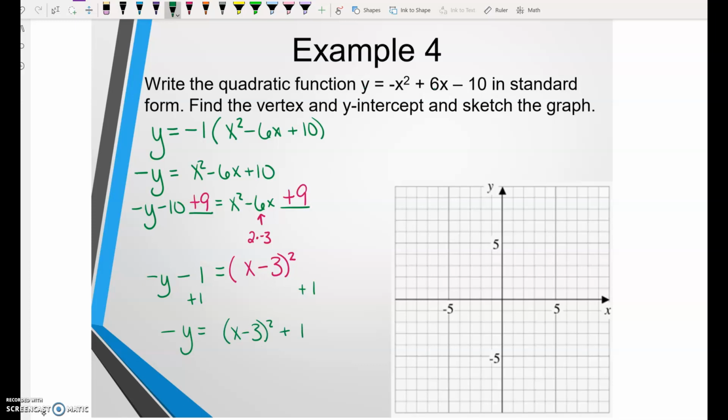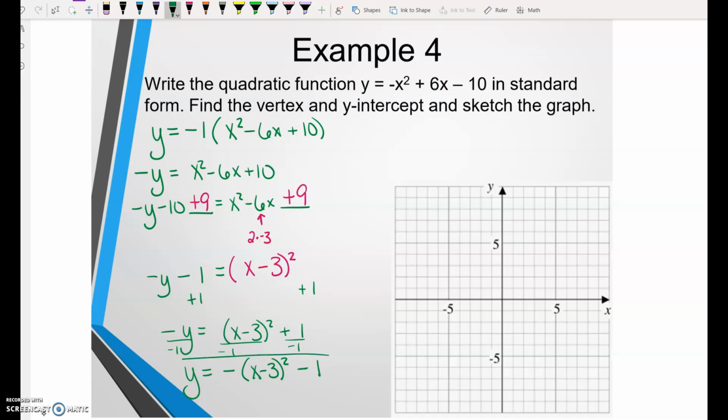But to get rid of this negative in front of the y, we need to divide everything by negative 1. So that will make this negative 1 times the quantity x minus 3 squared minus 1. When you divide everything by negative 1, you're only sticking that negative 1 in front. You're not changing the parentheses. Keep those parentheses solid.